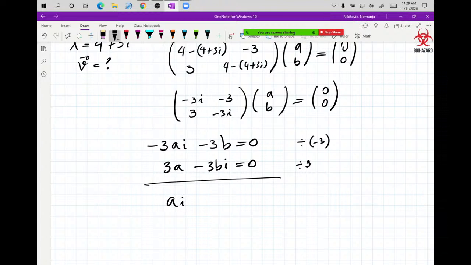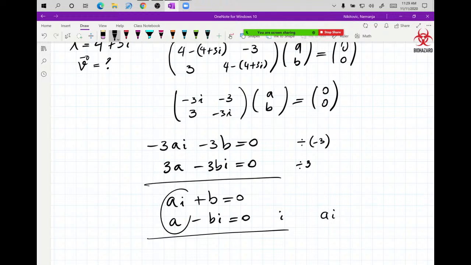So I get ai plus b equal to 0, and on the bottom I get a minus bi equal to 0. And these were supposed to be the same equation. Well, we can check that. If I multiply the bottom by i, I get ai, because I wanted to match this term. And then i times i, I hope you remember this, i squared is negative 1. So this becomes minus b times negative 1, which is plus b. And that's exactly what I have up there. So they are the same equation.